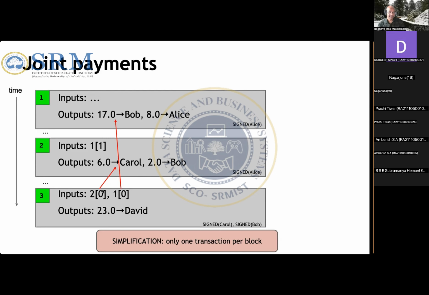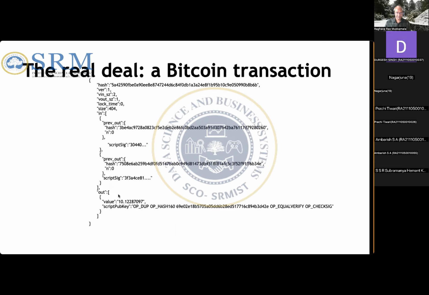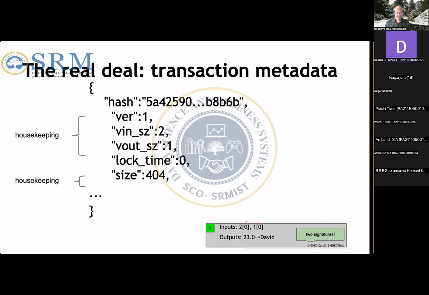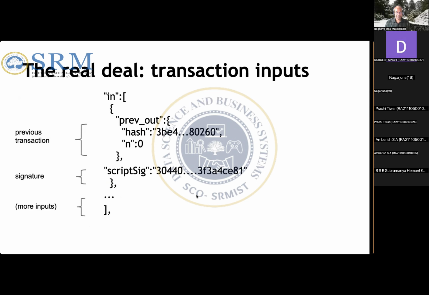Similarly, what we have here is also the same thing: the hash value of the transaction where the coin was transferred to this person, and the serial number of the output. So n of 0 means this is the first output from the transaction. Basically, this is a reference pointing back to the transaction where it was created.